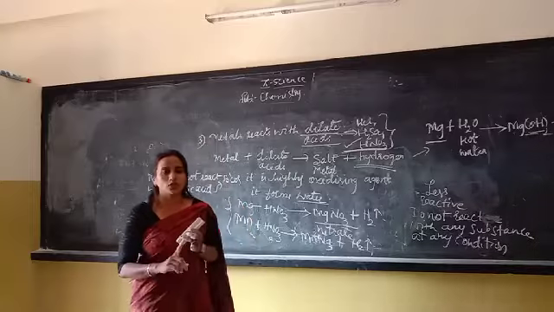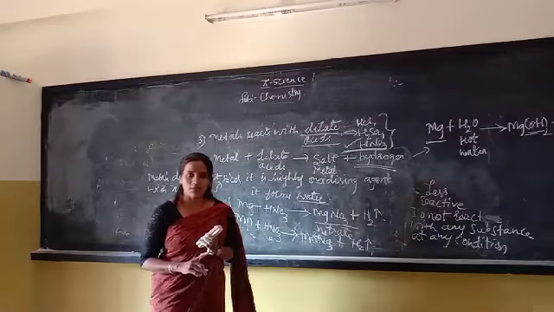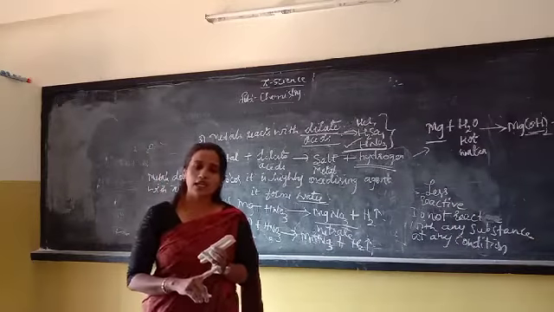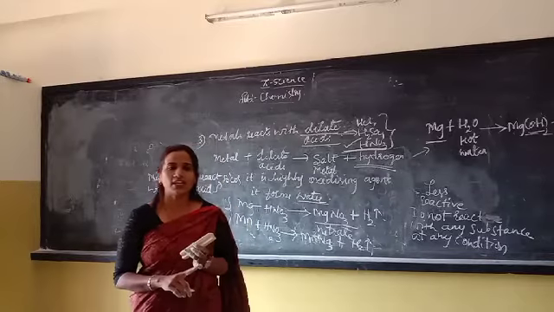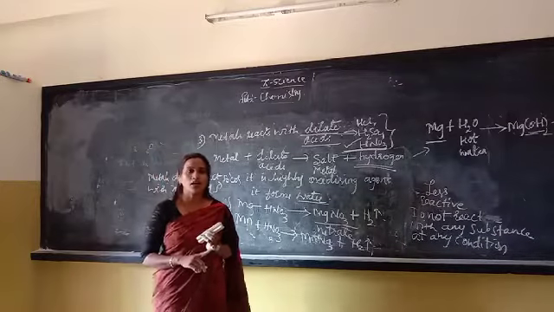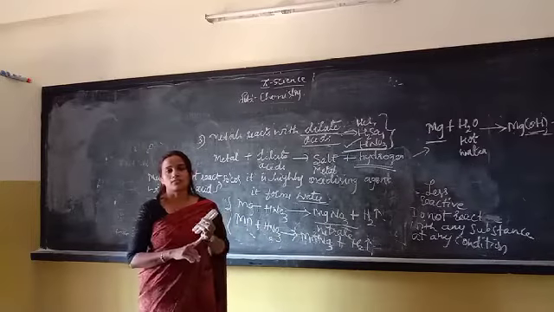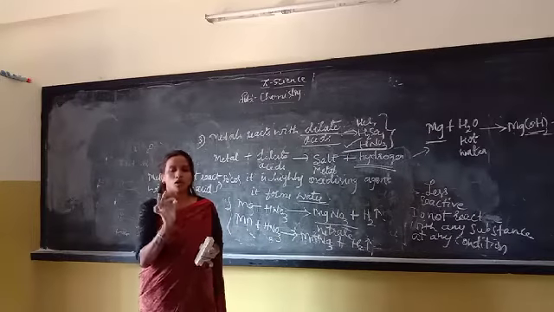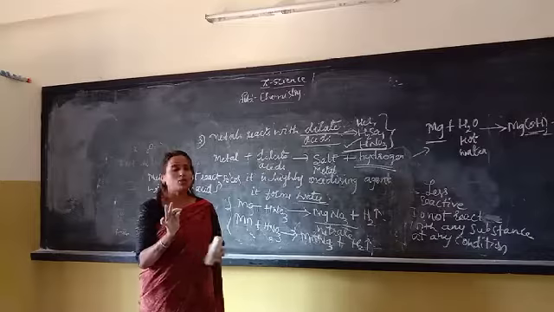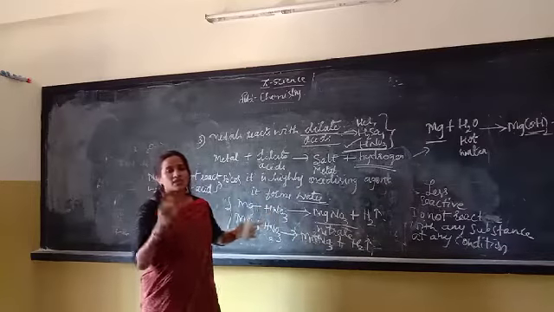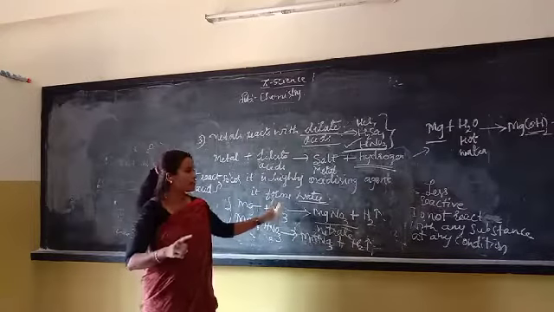First you need to learn by heart the symbols of elements, metals and non-metals, then their chemical formulas, then how to write the chemical equations. If you are thorough in these three, you will be able to write the chemical equations by keeping the reactions in mind.